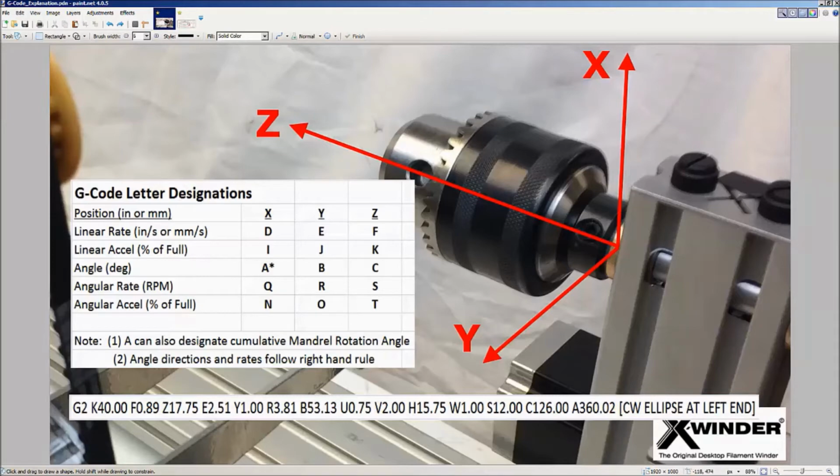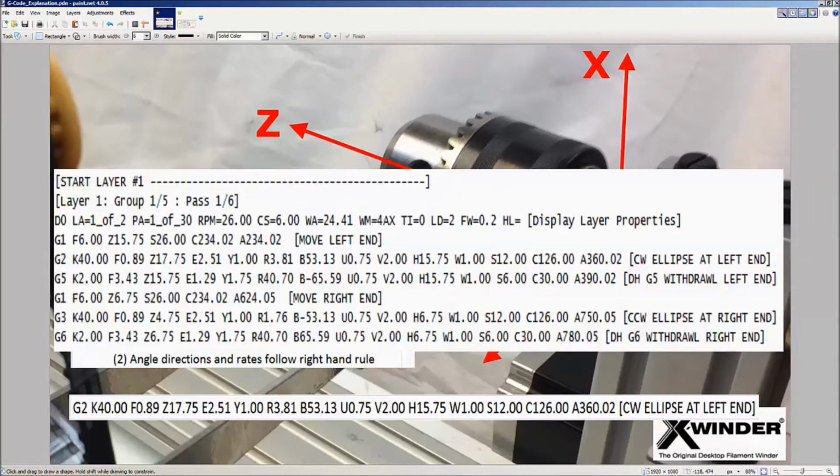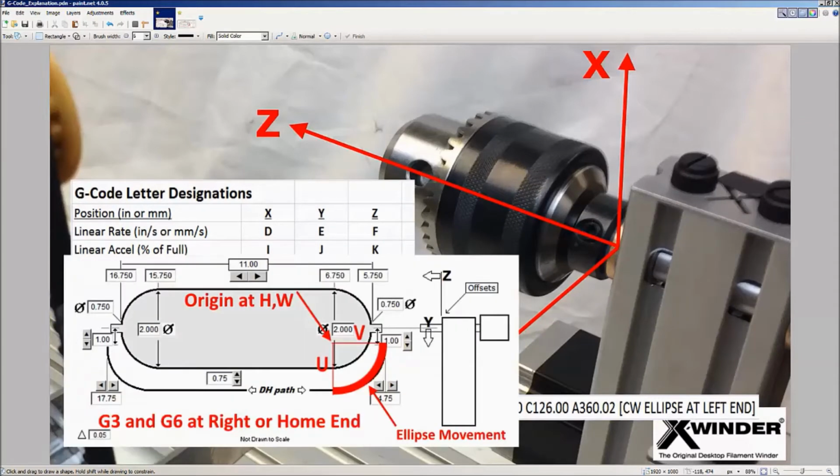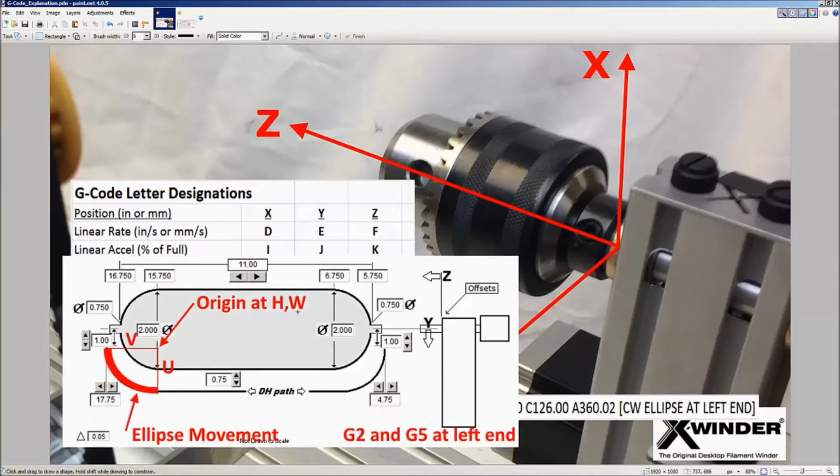So this is the elliptical movement at the left-hand end that we just described. So this is a G2.